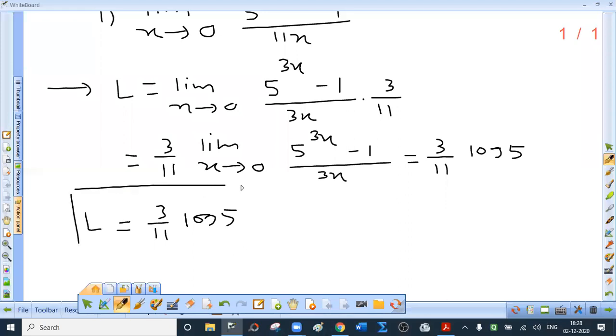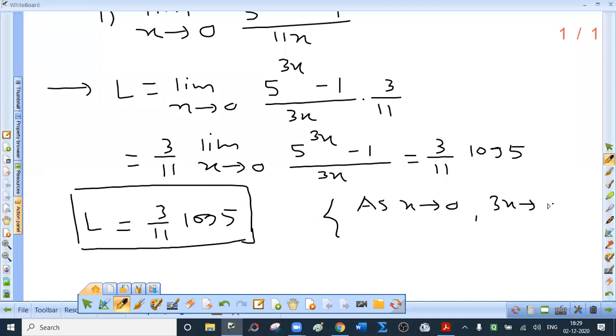Okay. And strictly you have to say that as x tends to 0, 3x tends to 0, and which standard limit? Change the variable, limit say y tends to 0, a raised to y minus 1 upon y is nothing but log a.